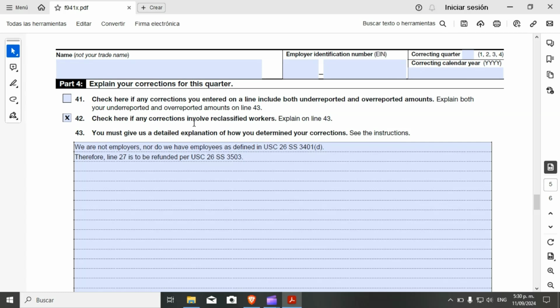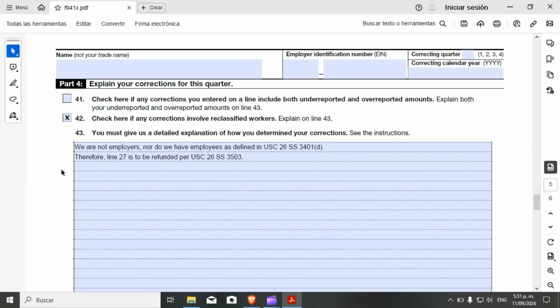It says if any corrections involved reclassified workers, and what that means is that they were originally classified as wage earners, as employees in your mind, according to the traditional common use definition, which is just people who work for somebody else. But they are now reclassified because they are not. Now that you know that an employee, according to tax law, is someone who works for the government or a government official, here you have to give a detailed explanation of how you determined your corrections.